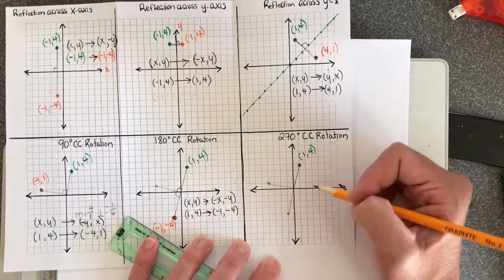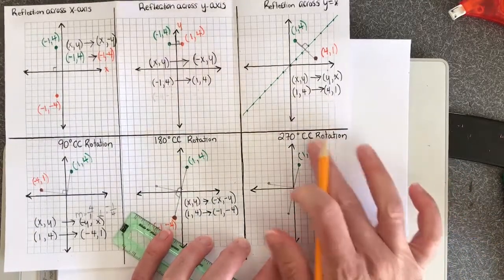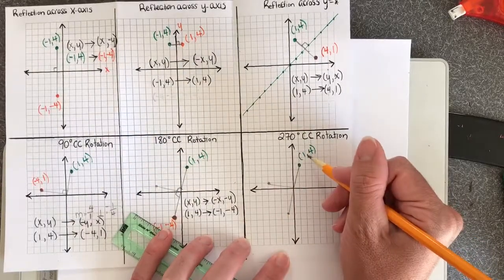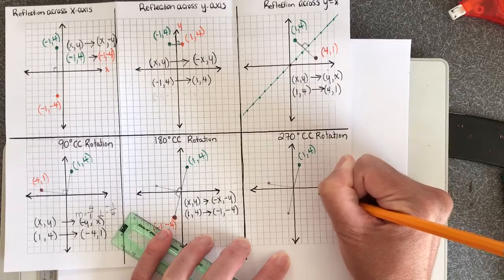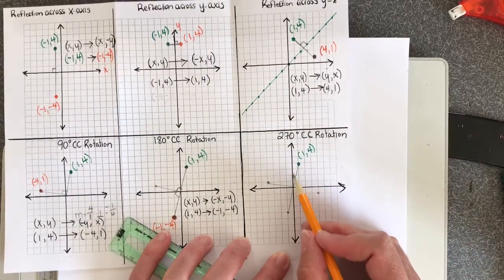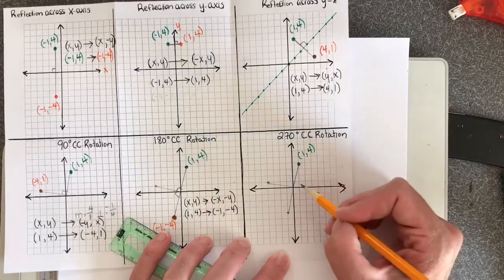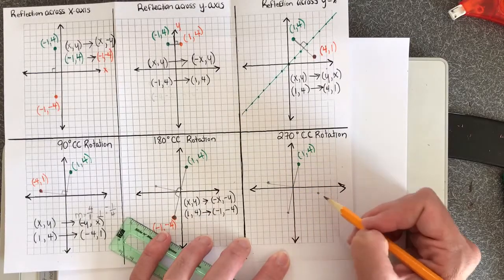So where am I going to be located? Those values aren't going to change. You're still going to see a 4 and a 1 somewhere. And like we said before, our slope is rise 4, right 1. So maybe down 1 over 4.